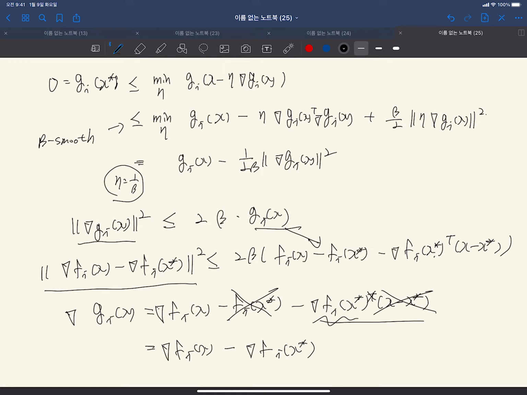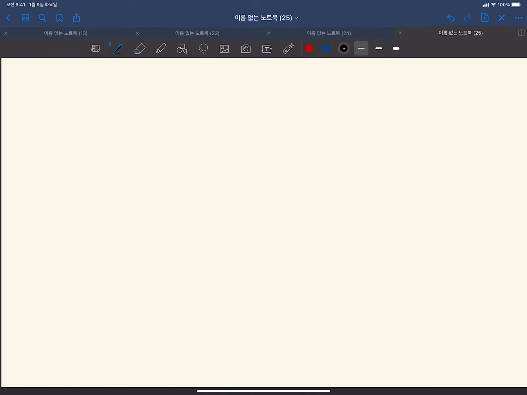Right, so up to now we have just some obvious inequalities. And also we have the gradient of F(x star) equal to 0 because x star is the optimal point of the capital F function.